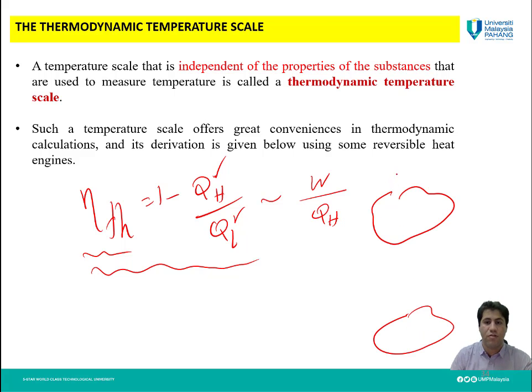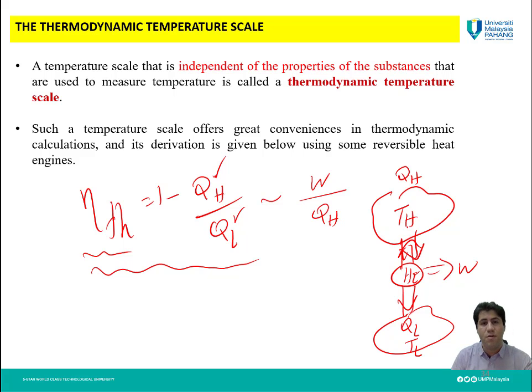One is the heat source, to which we give QH, and its temperature is TH, and the sink, which receives QL, has temperature TL. The heat engine captures heat from the source, produces work, and releases QL to the sink. If you remember, this is the schematic.